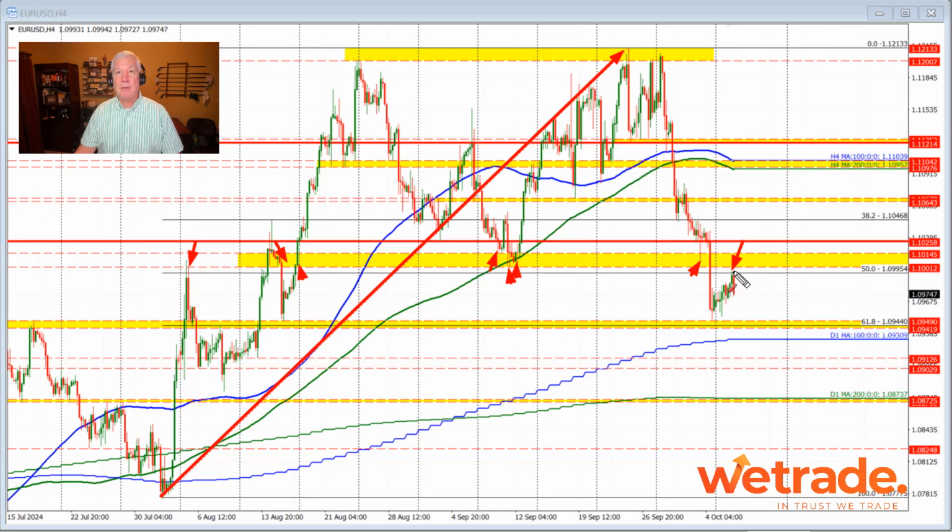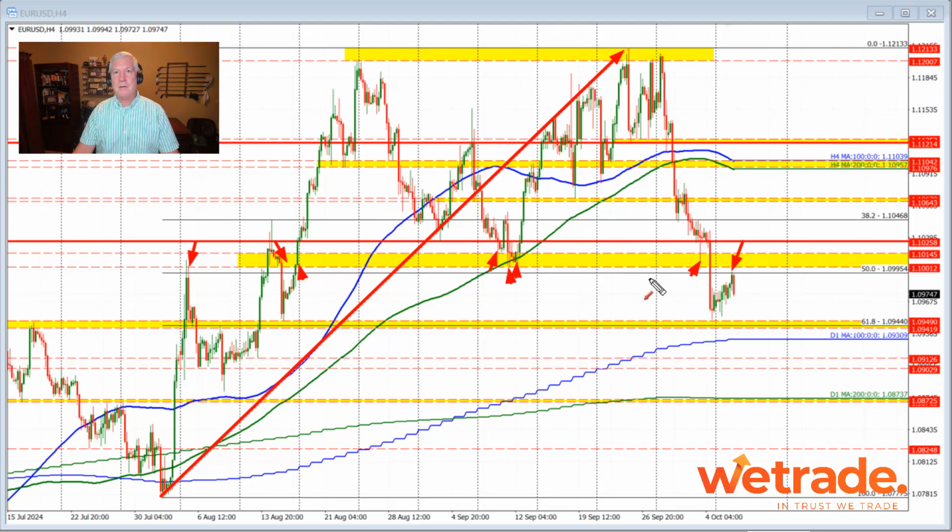And as you can see, we came right up toward the 110 level, found willing sellers against that level. We did have German industrial production come out stronger than expected, but we did have ECB members speak of a potential rate cut in October, which may have limited the upside here, forced the price to the downside, along with, I believe, the technicals.